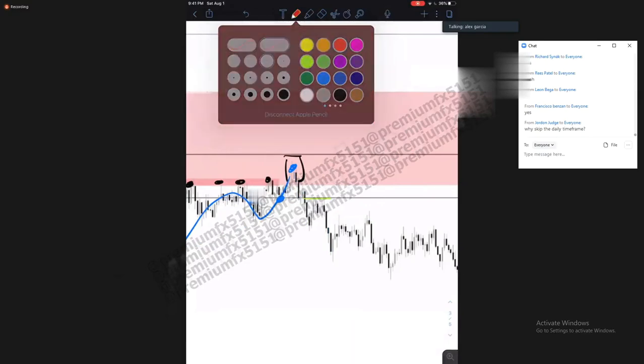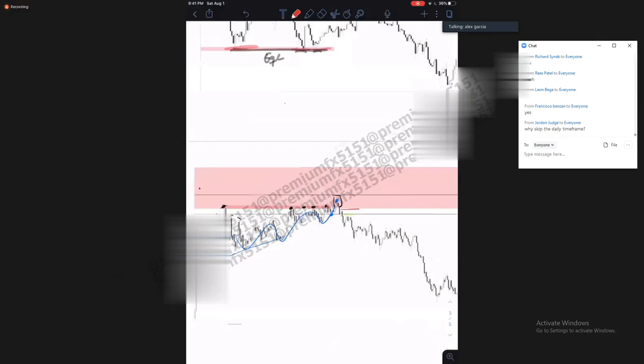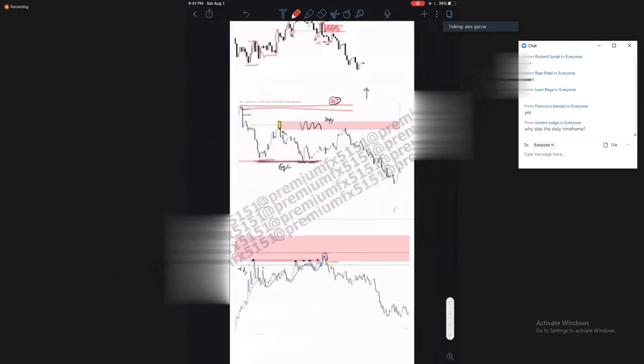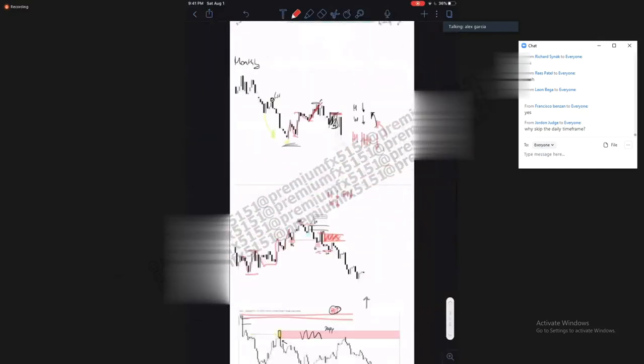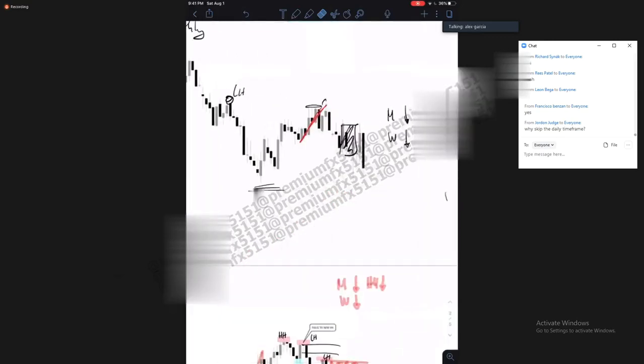This play ended up being a 1-to-100, just based on what? That now I know everything. Let me erase a little bit right here. Just to summarize this setup: monthly, weekly, H4, and M15 were bearish.